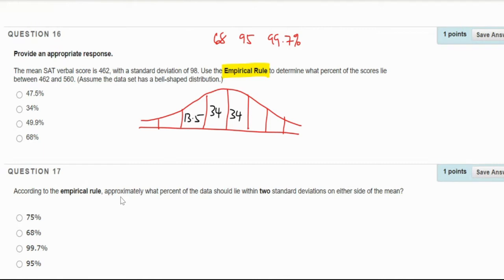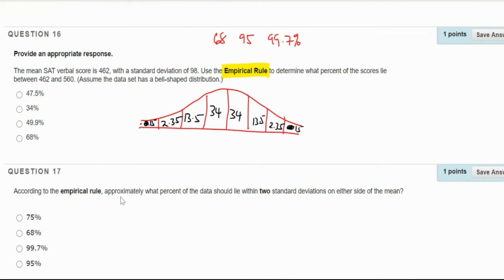Then this is 13.5, this is 13.5, this is 2.35, this is 2.35, and this is 0.15.